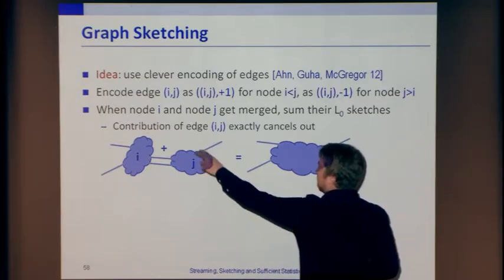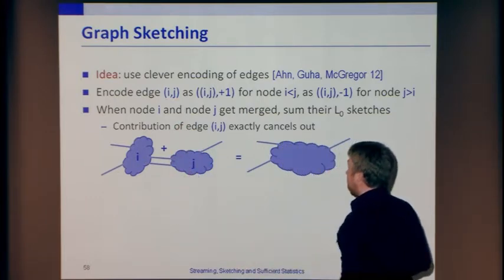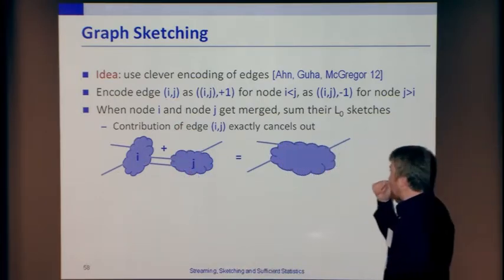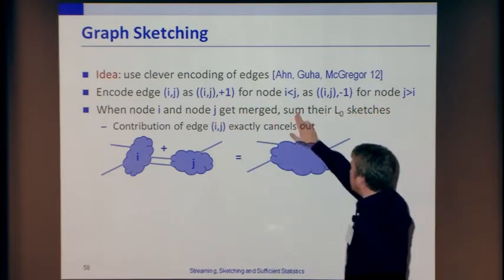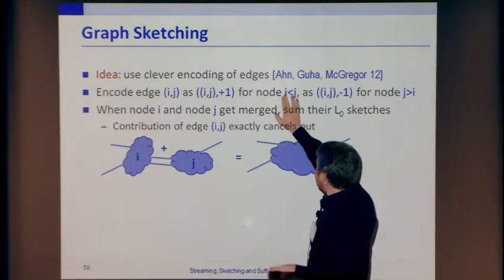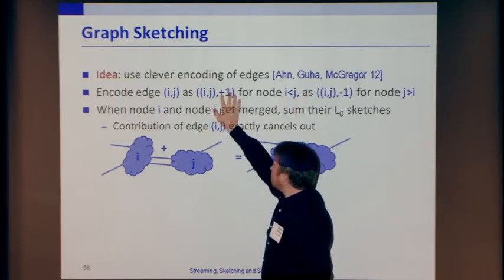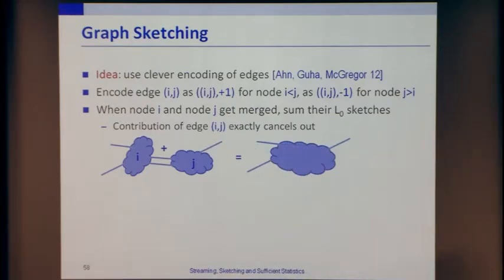So the way this works is, think about the edge ij linking node i to node j. We enforce an ordering on the nodes, and we're going to encode this edge in two different ways. For node i, canonically the node less than j, we're going to encode this edge positively within the L0 sample sketch for node i.